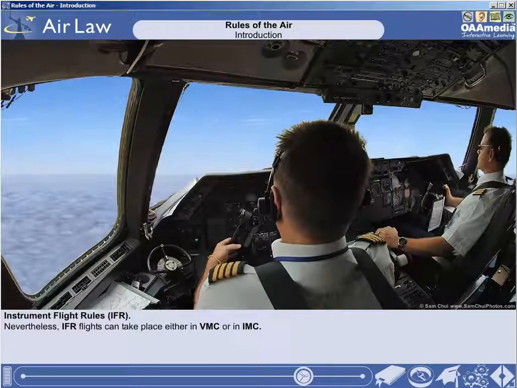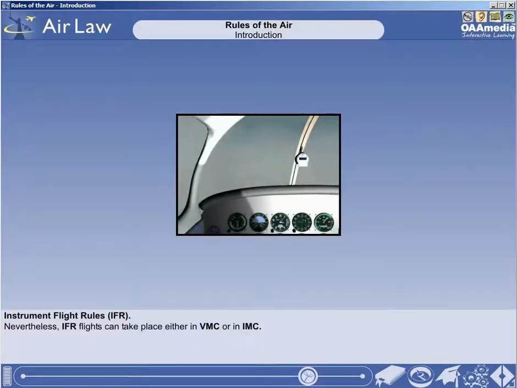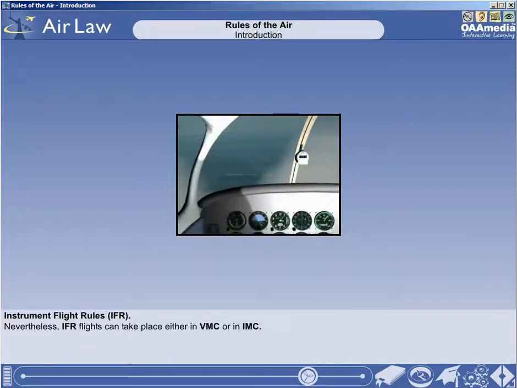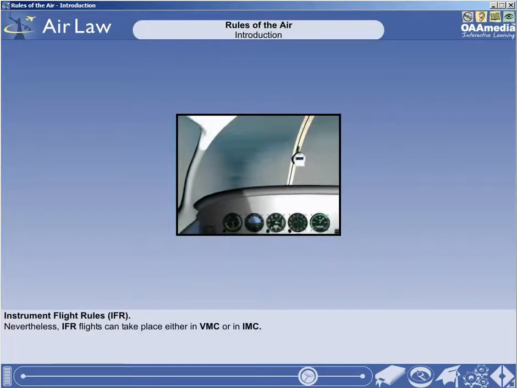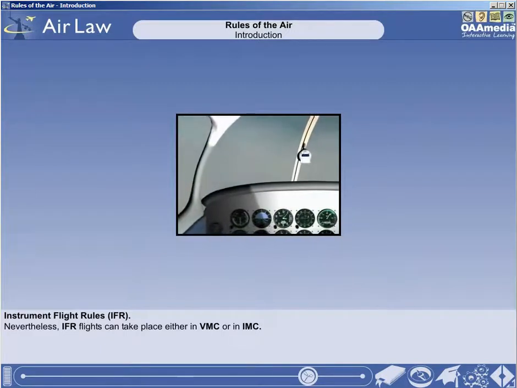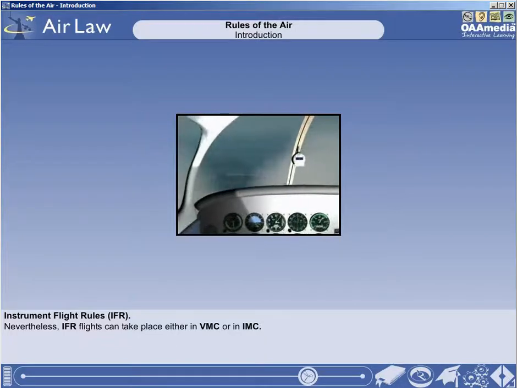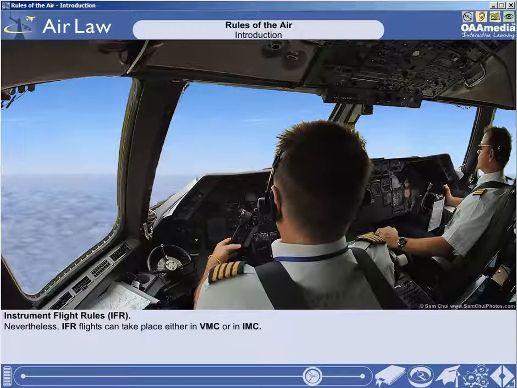Nevertheless, it is important to remember, as we have mentioned before, that IFR flights can take place either in VMC or in IMC. For instance, a commercial airliner flying on international routes in Europe, following airways, will invariably always be flying in accordance with the instrument flight rules for the whole route, irrespective of visibility conditions.